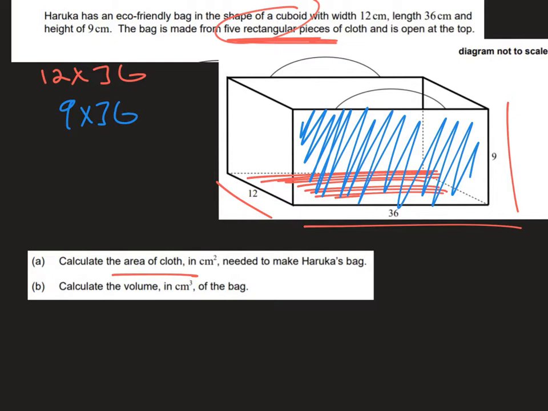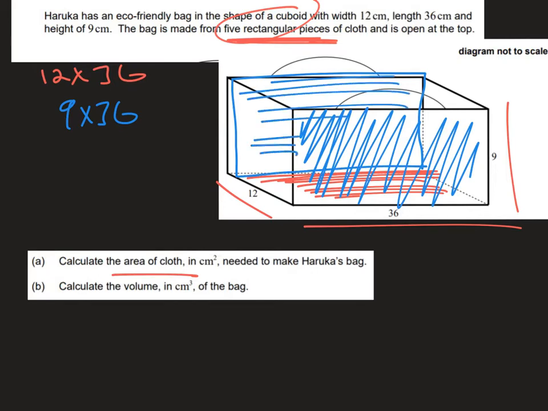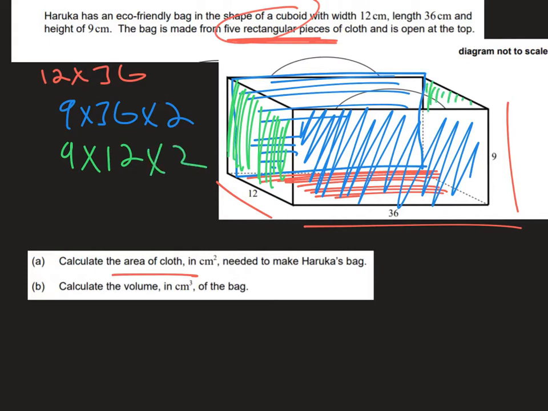But hopefully you can see that we've also got the same area on this panel at the back here. So we've actually got 2 of those, and then similarly on the side panel, we've got this side panel here, which is going to be 9 times 12, and obviously we've got the same thing over here. This side panel here is also going to be 9 times 12, so we've got 2 of those.